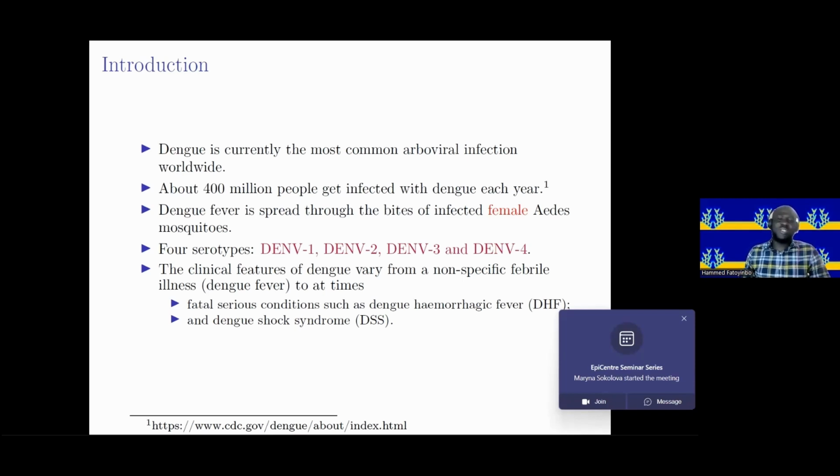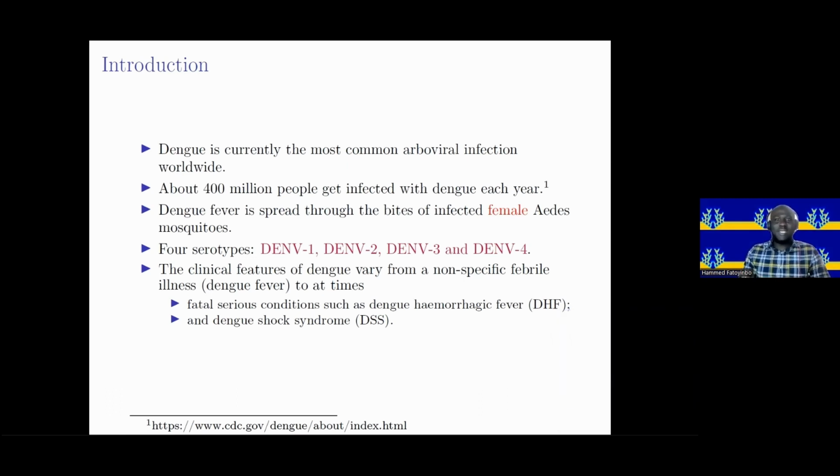The transmission cycle is that when the Aedes mosquito bites an infected human, and the mosquito then bites a susceptible human, this leads to the transmission of dengue.